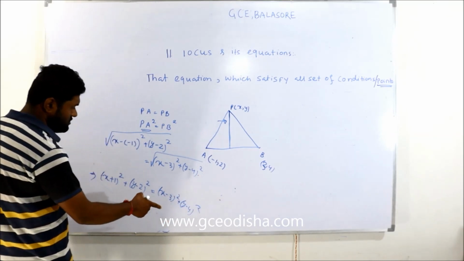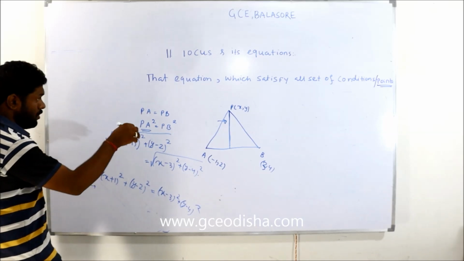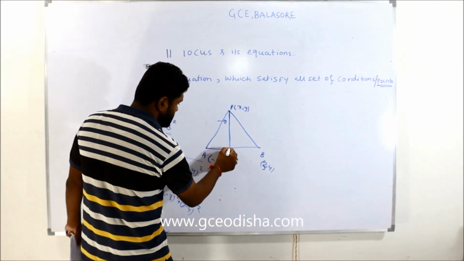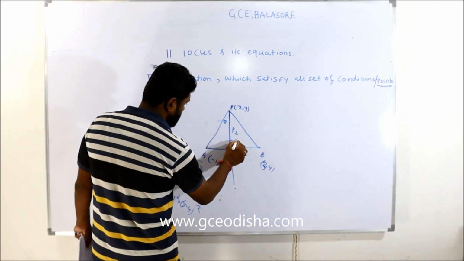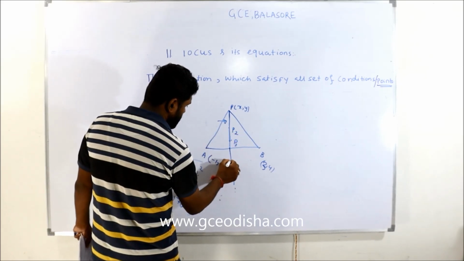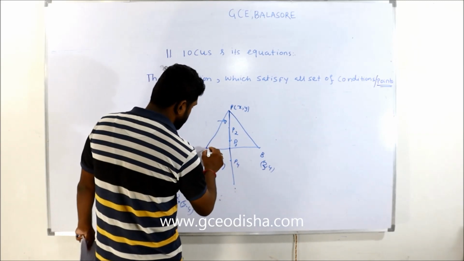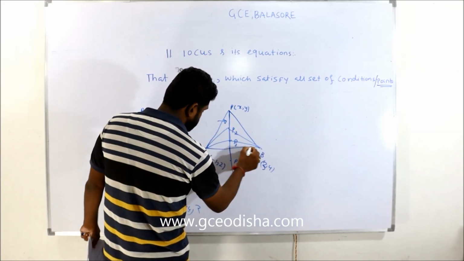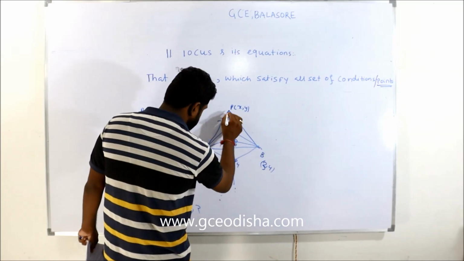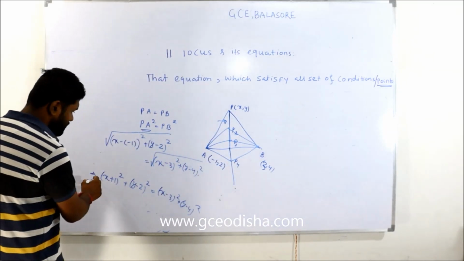When you simplify this equation, this will be the locus of the line. Any point like P2, P3, P4 will satisfy it: this distance will equal this distance, and so on.